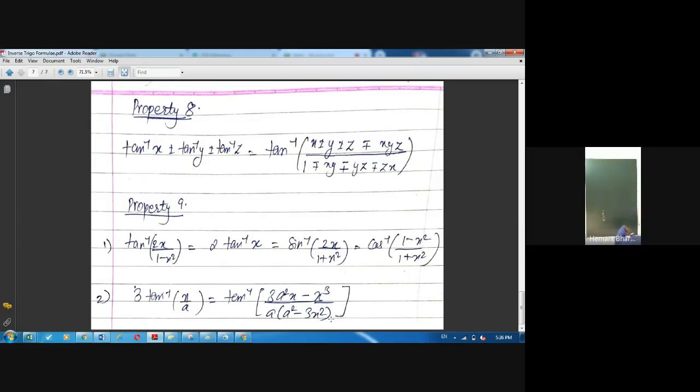So 2 tan inverse of x can be written as tan inverse of 2x upon 1 minus x square. So it is similar if you just remember the formula: tan 2x could be written as 2 tan x upon 1 minus tan square x. So we had this formula in trigonometry. So instead of tan x, we just have to write x. That's it. The formula is similar.